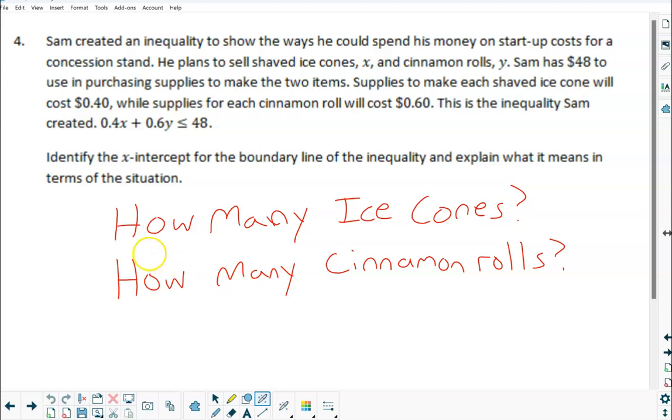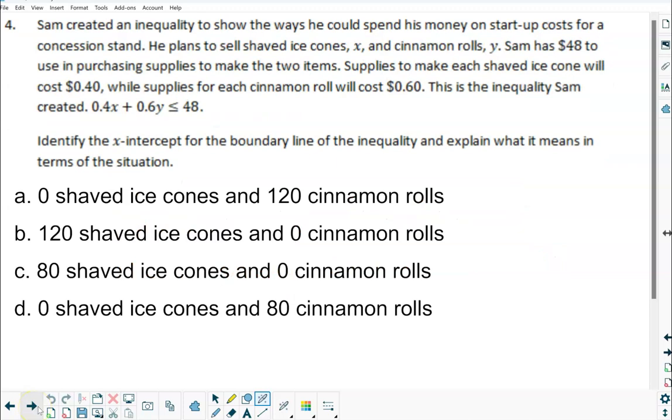Think about how many ice cones it would be and how many cinnamon rolls it would be with the x-intercept. Okay, so let's make this multiple choice. See if you can figure out which one would be the correct answer.